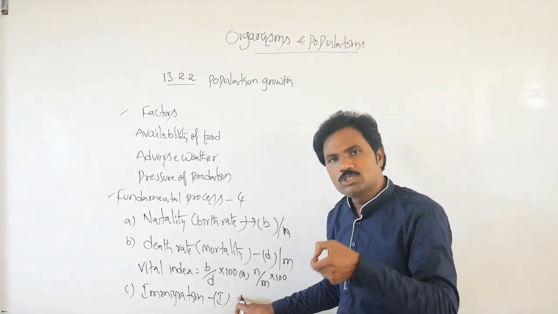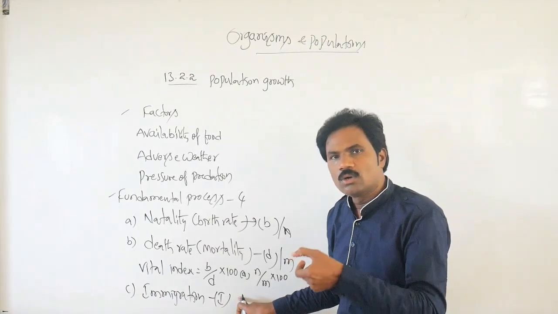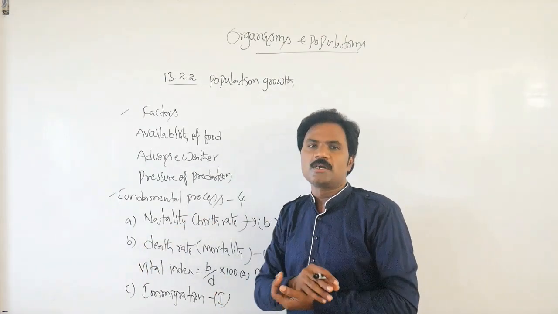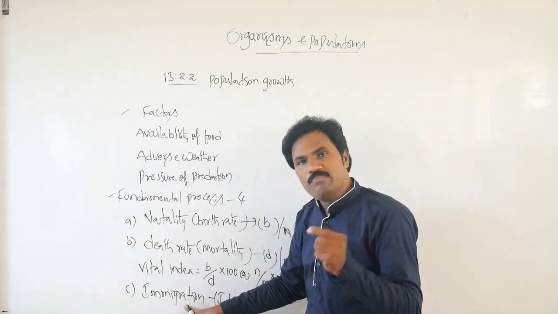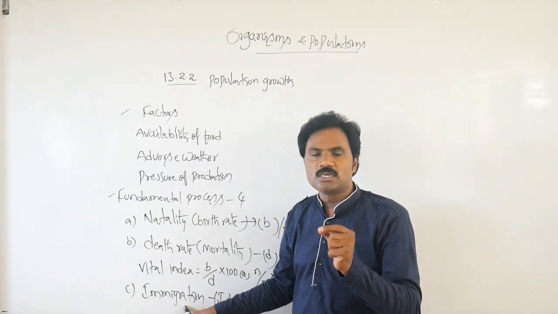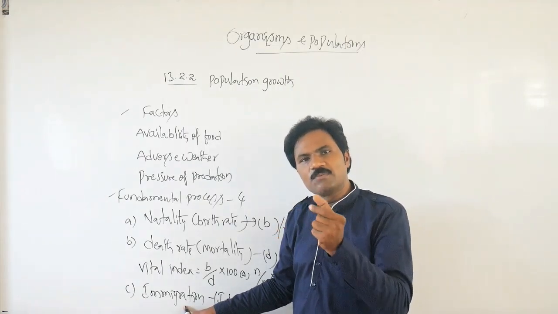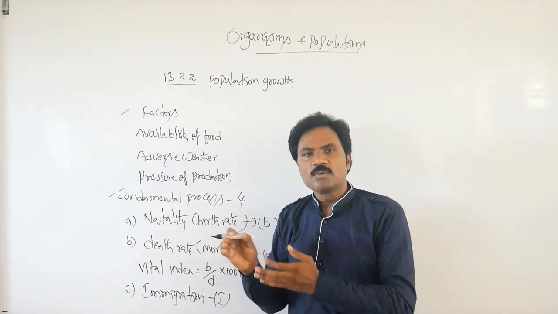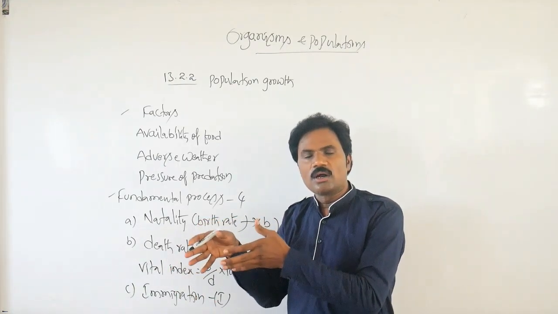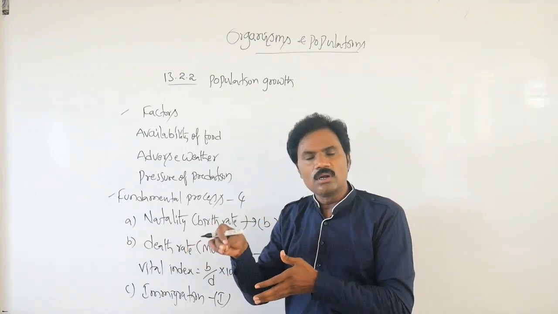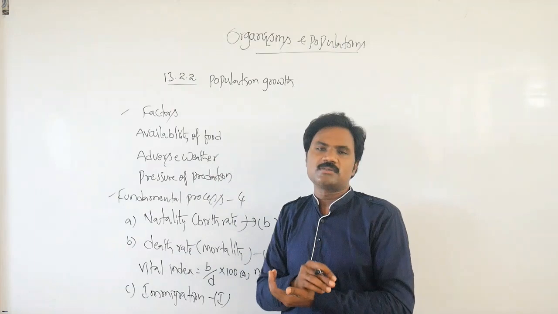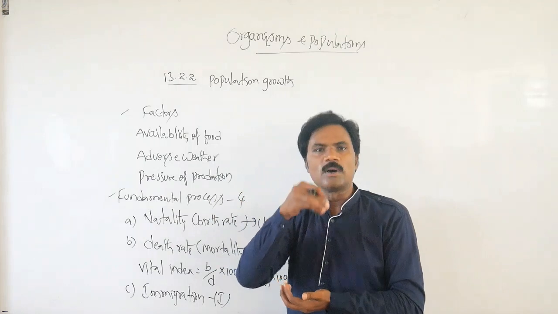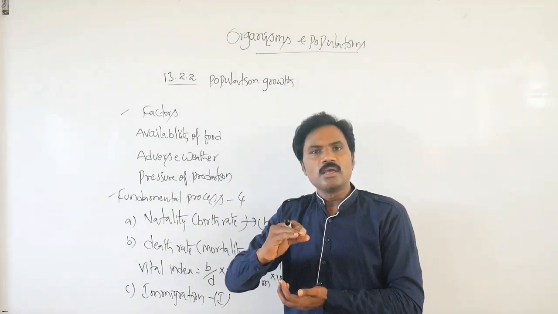Joining that group, that specified population, is what we call immigration. It happens because of different factors, such as resources related to mating, food, or space. When some organisms migrate and join the population, it automatically increases.